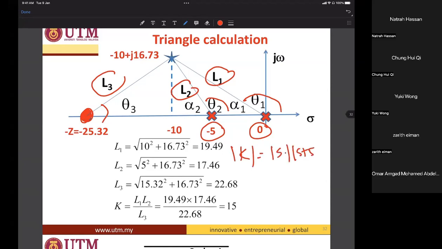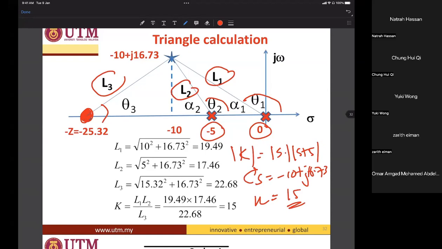S plus 5, then insert S as -10 plus j 16.73. You will also get the value 15, the same. Instead of Pythagoras, you can calculate the shorter way using this formula.